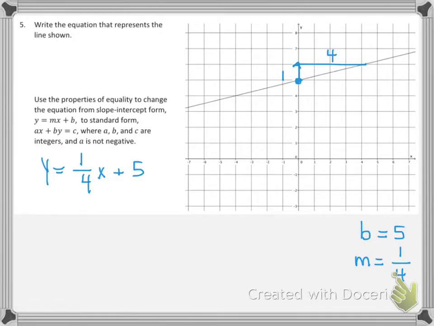And then subtract 1/4 x from both sides. And we get -1/4 x plus y equals 5.